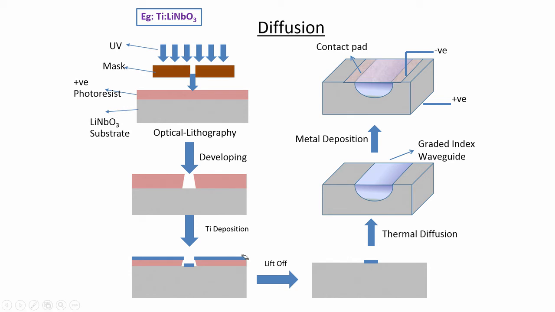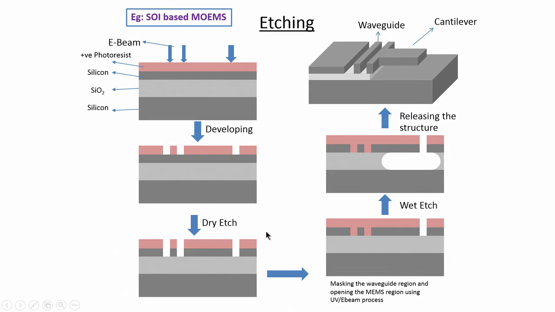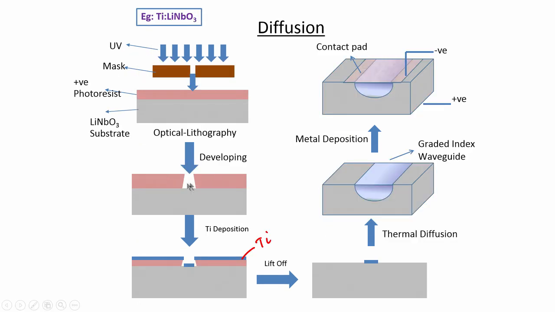This is a titanium film over this. Due to the development and the lithographic process, there is an opening in this region, and titanium is deposited only in the region where we need it.